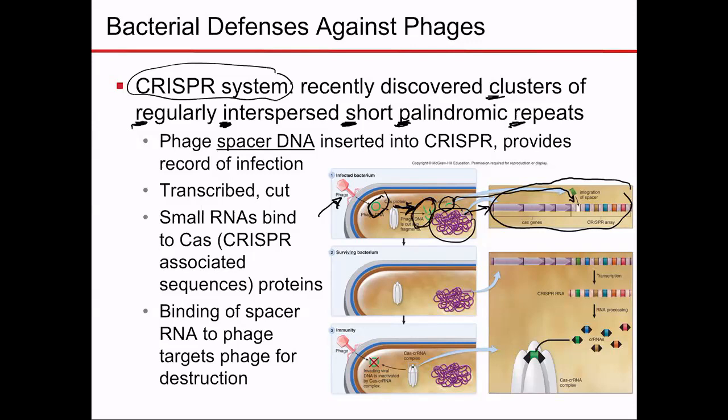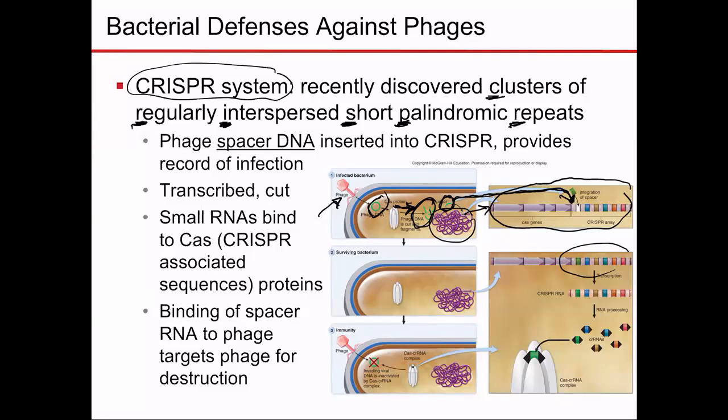And now one of those pieces, the cell decides to keep, that DNA from the genome of the virus, and insert it into this cassette that I mentioned to you, the CRISPR system, the CRISPR array that you see right here. Now, when that cell replicates, the future generations will always have in the genome that piece of the genome of that virus that one day tried to infect a previous generation.